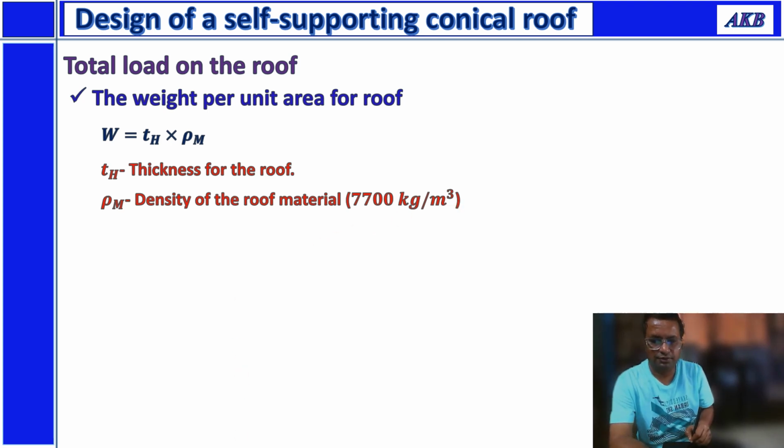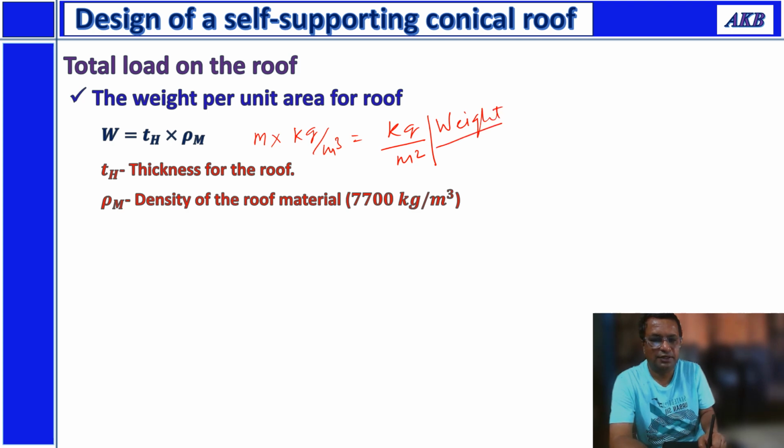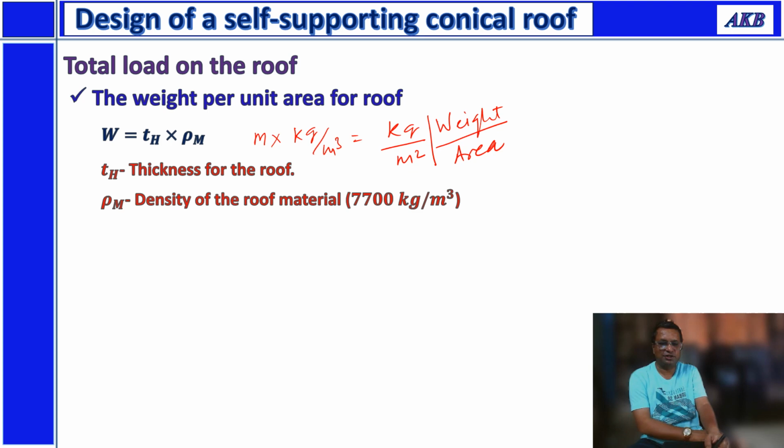If you just look at this equation, if thickness is in meter and density is in kg per meter cube, you'll have the unit of kg per meter square. This is nothing but weight per unit area, which will ultimately be converted to a pressure unit.